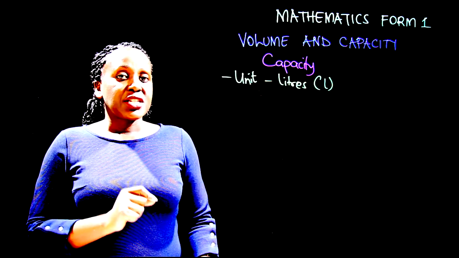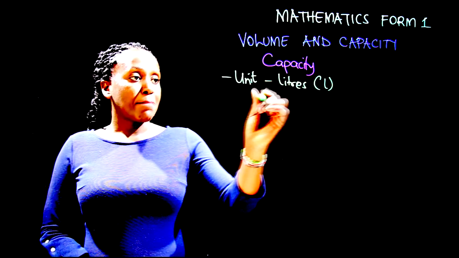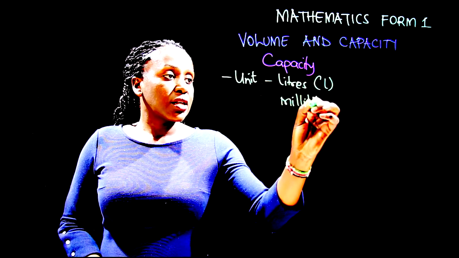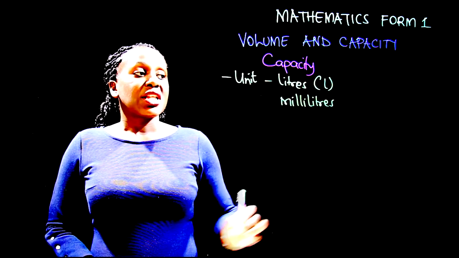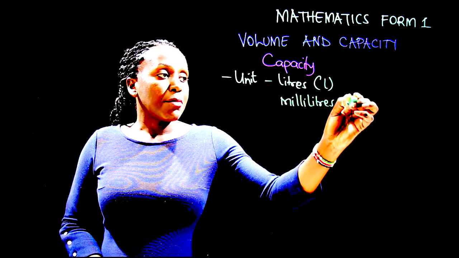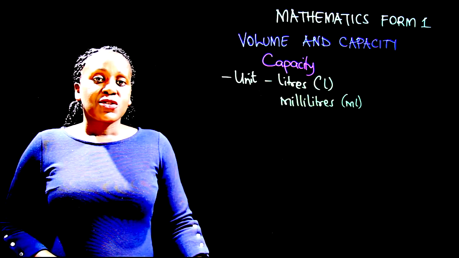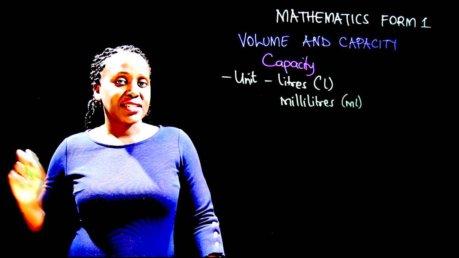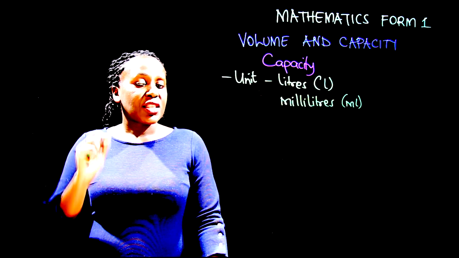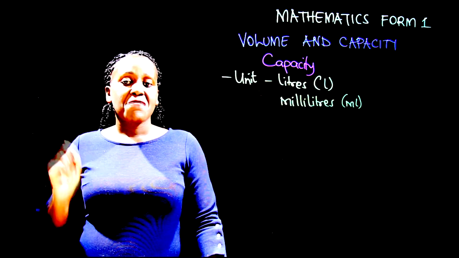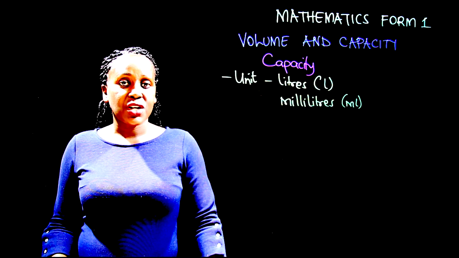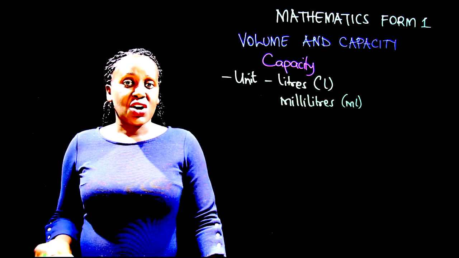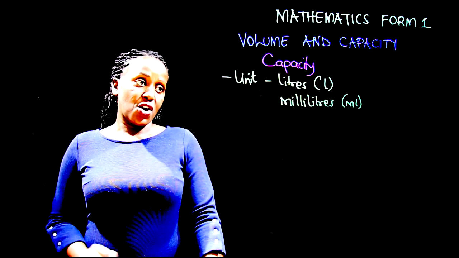Now the other unit that is used is milliliters. Milliliters is written as ml. So if you want a soda that is 500 milliliters, you can already picture the bottle that holds 500 milliliters of soda or 500 milliliters of yogurt, and so on.